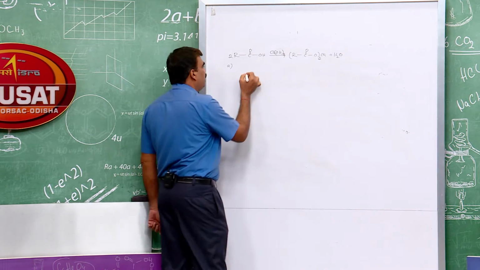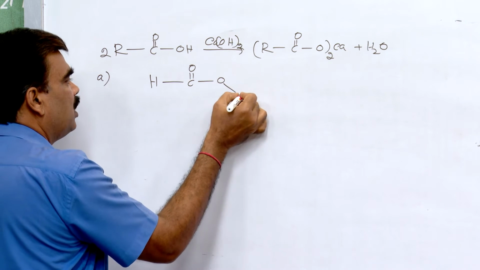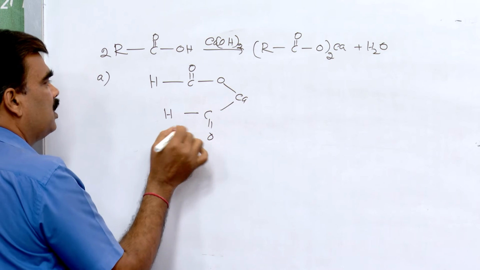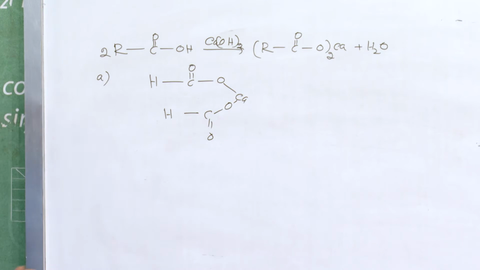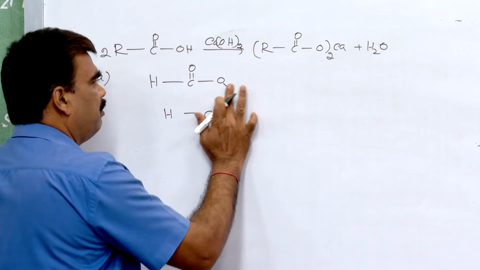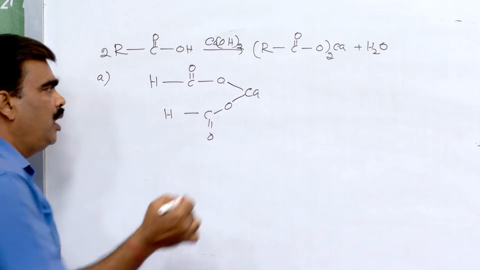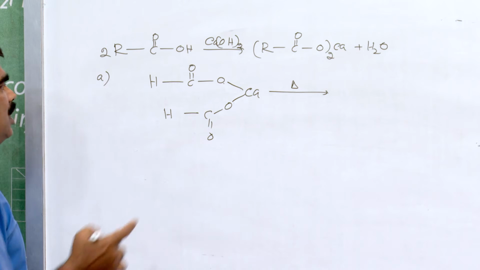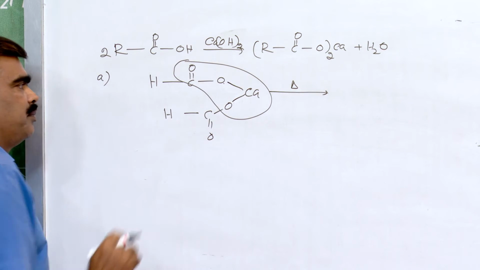There are three important parts. When you heat calcium formate very strongly in a distillation apparatus, this is calcium formate. Let me write it very clearly. When you heat it very strongly in a distillation apparatus, the bond breaks here like this.